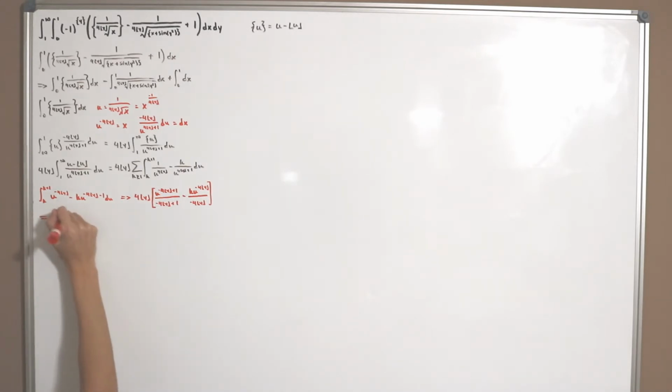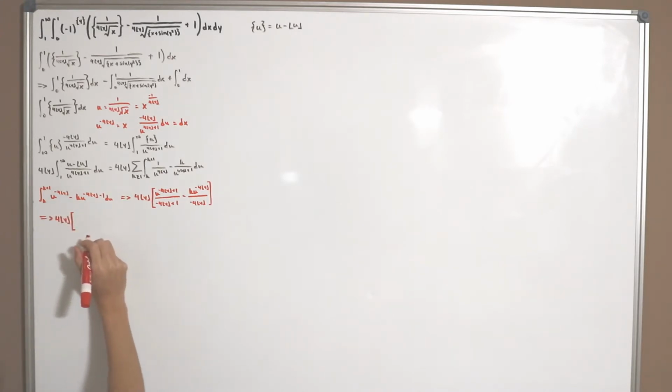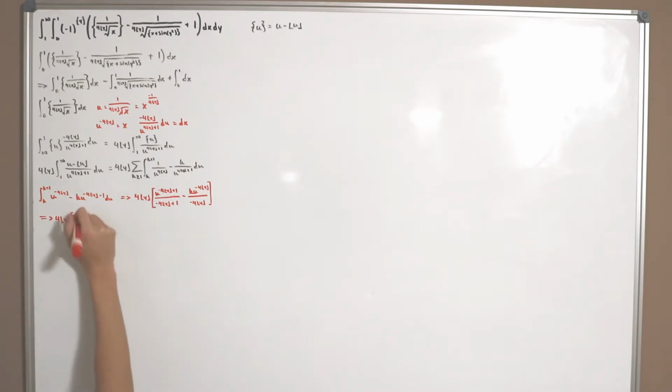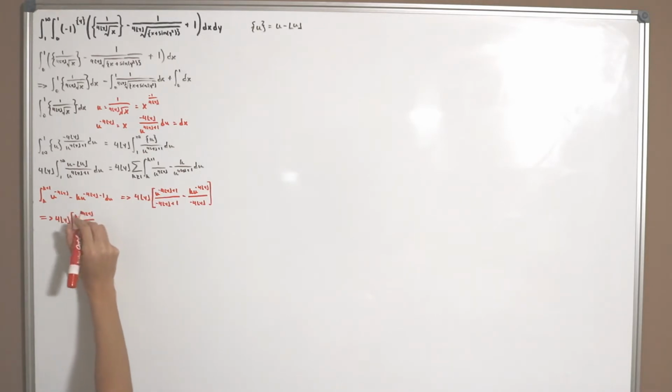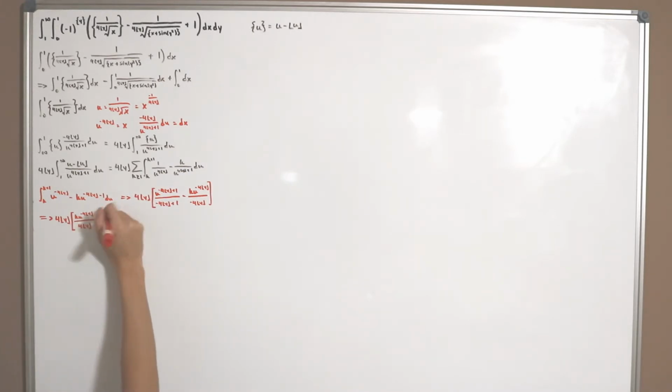So this is 4 floor y. Then the inside expression, rearranging our terms since everything here is commutative, we could just write this as k times u to the negative 4 floor y divided by 4 times floor of y, and then subtract that from u to the power negative 4 floor y plus 1, divided by 4 floor y minus 1.